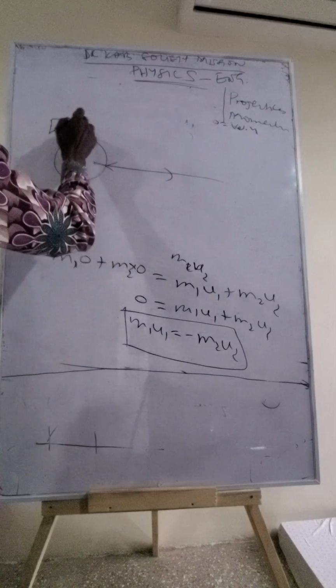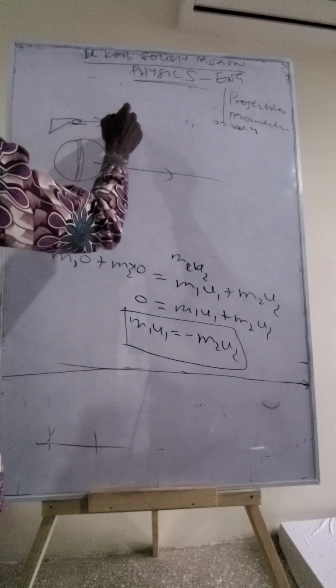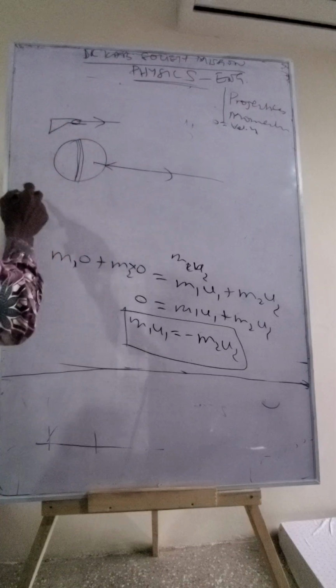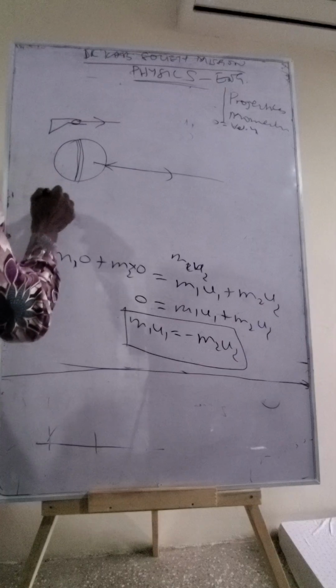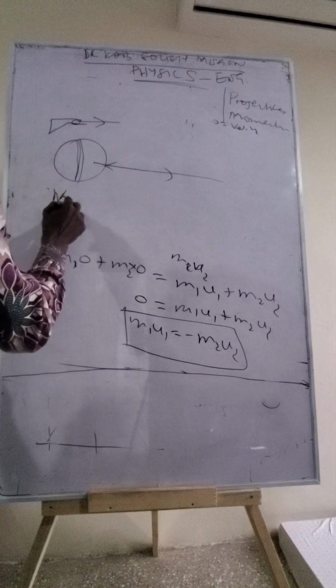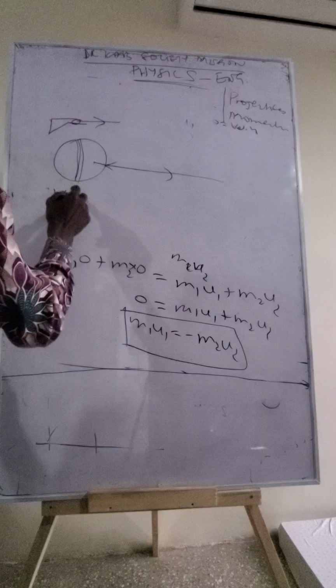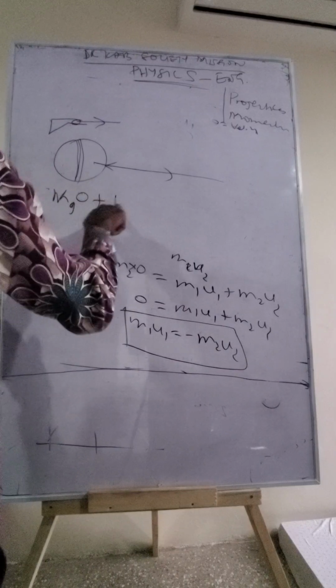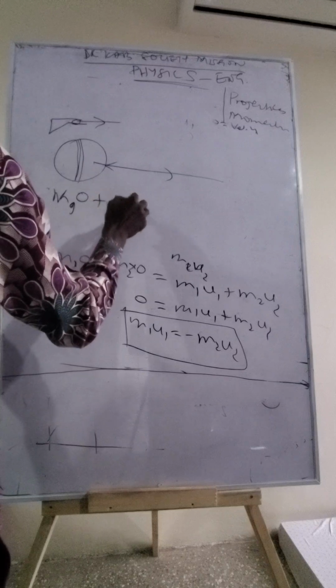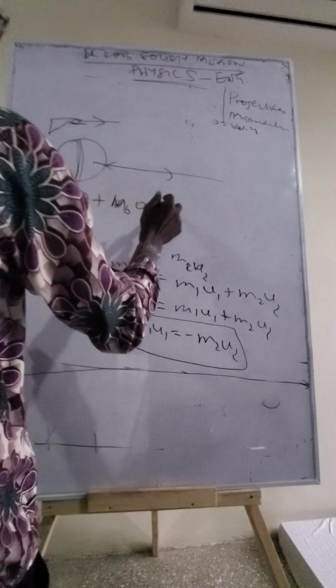Now when it is shot, it's going to move with a certain velocity. The initial velocity of the gun, m gun, is 0, plus the bullet, m bullet, 0 is also 0, becomes what?